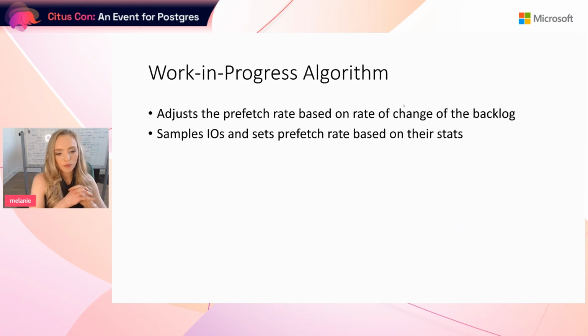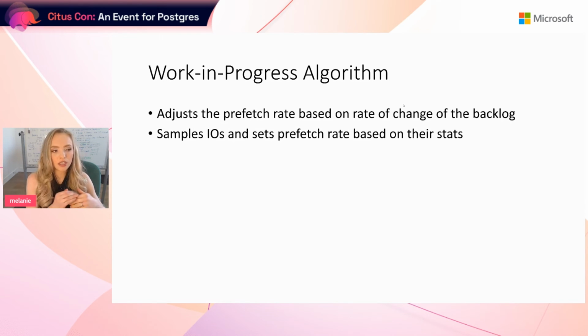So the algorithm that we're developing now, the core premise of it is that it adjusts the prefetch rate based on the rate of change of completed not consumed. I use sampling and then set the prefetch rate based on that, and bias it towards more recent measurements of the completed not consumed change rate.